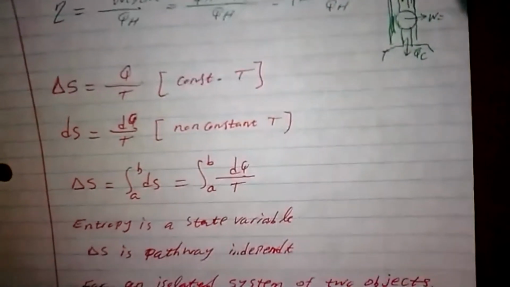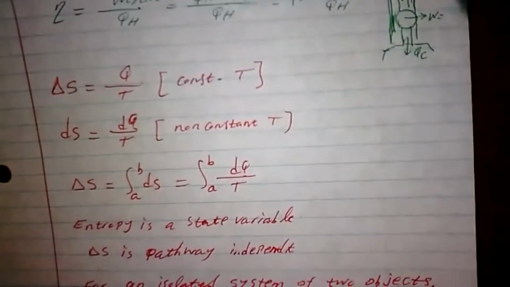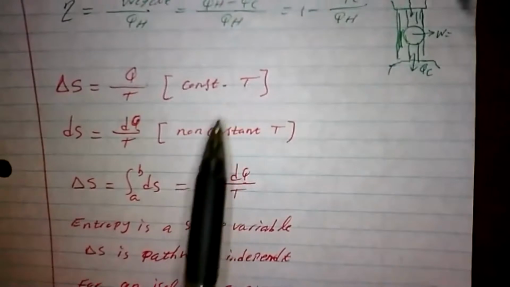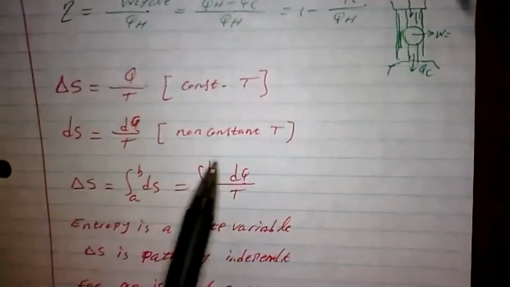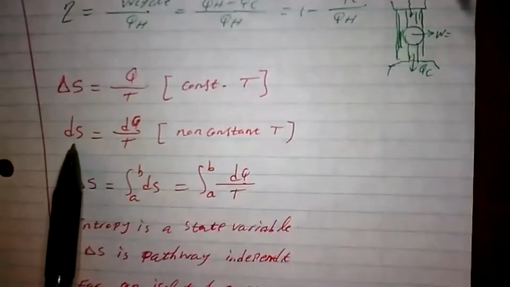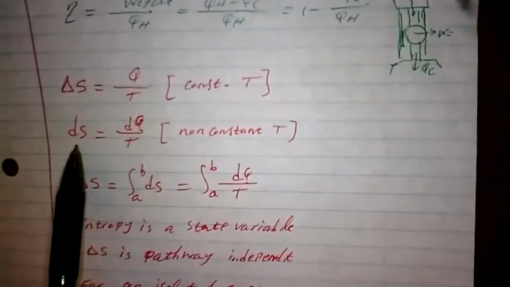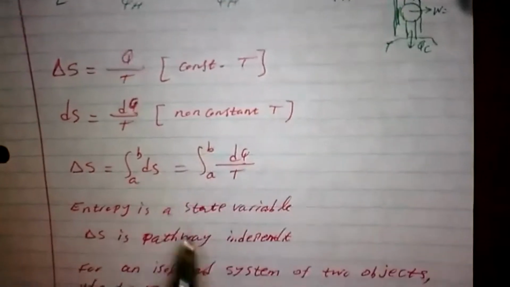And then another part of entropy, the general formula. Physicists and engineers like to talk about the change in entropy, which is Q over temperature when we have a constant temperature. But when we have non-constant temperature, we have a differential entropy, and instead of delta S we use dS equals dQ over T for non-constant temperature.